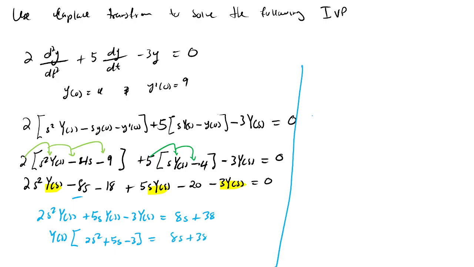So our Y of s is equal to 8s plus 38 all over. Yesterday I said, before you divide the right-hand side by the denominator of the left-hand side, first check if you are able to factorize that. Can you factorize 2s squared plus 5s minus 3?